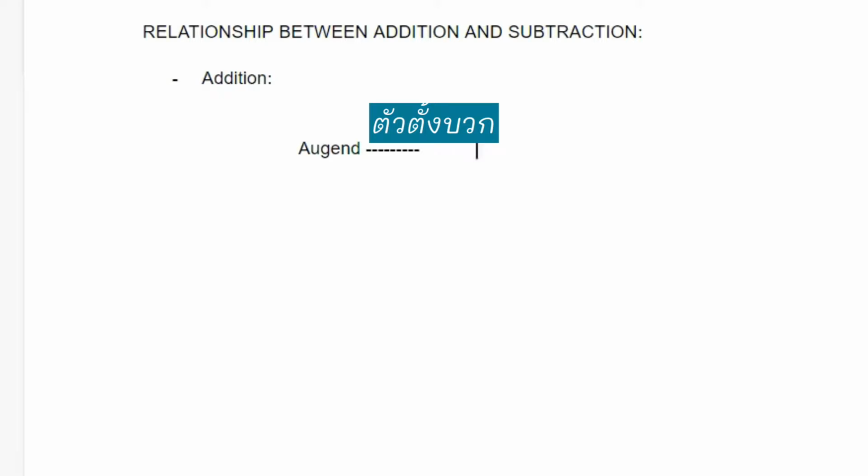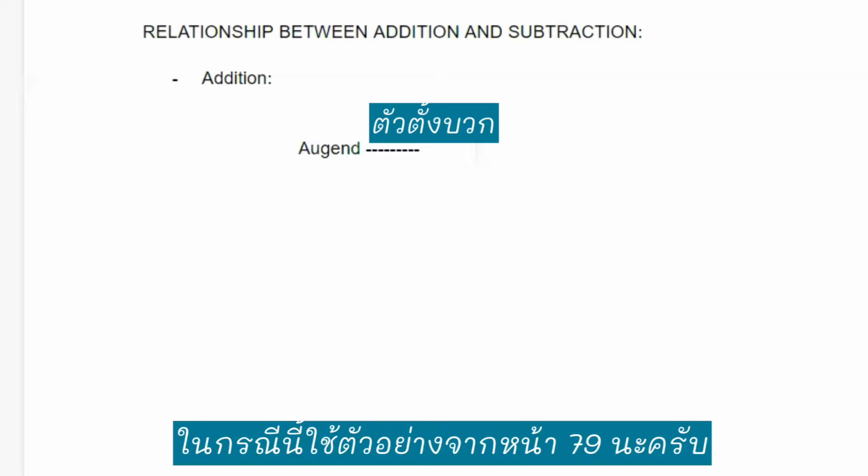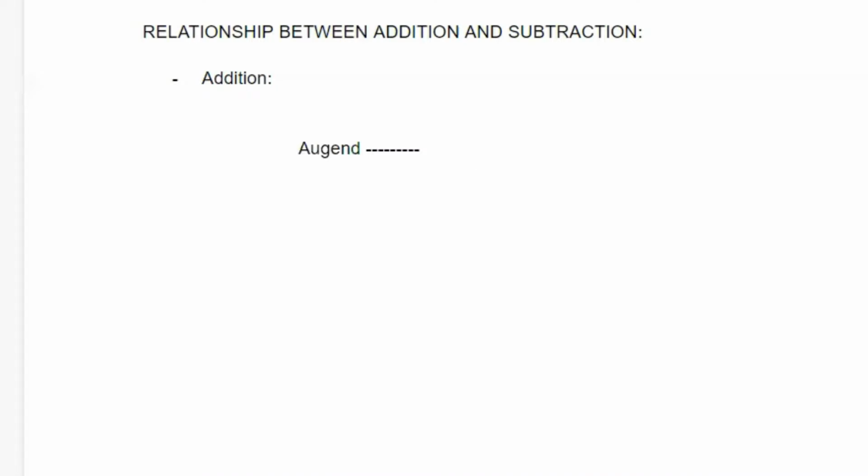If we write in horizontal way, it is the first number on our left. So in this case we are gonna use the example on page 79. We have the number 3,214, and it is adding the second number, that is the addend.